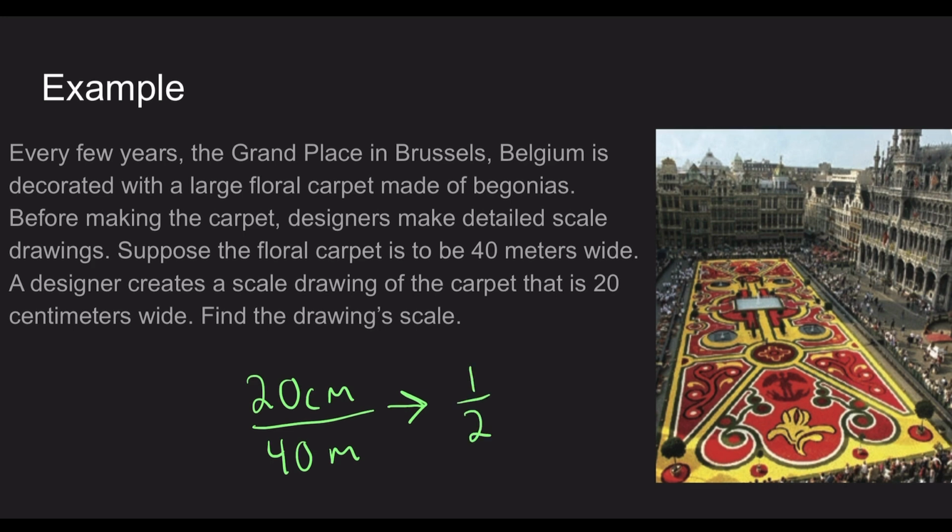So this side is 40 meters in real life, and on the drawing, it's only going to be 20 centimeters. That way, when they do this side, let's say in the drawing they make that 80 centimeters, we know that in real life it's going to be 160 real meters. So making the scale super easy.